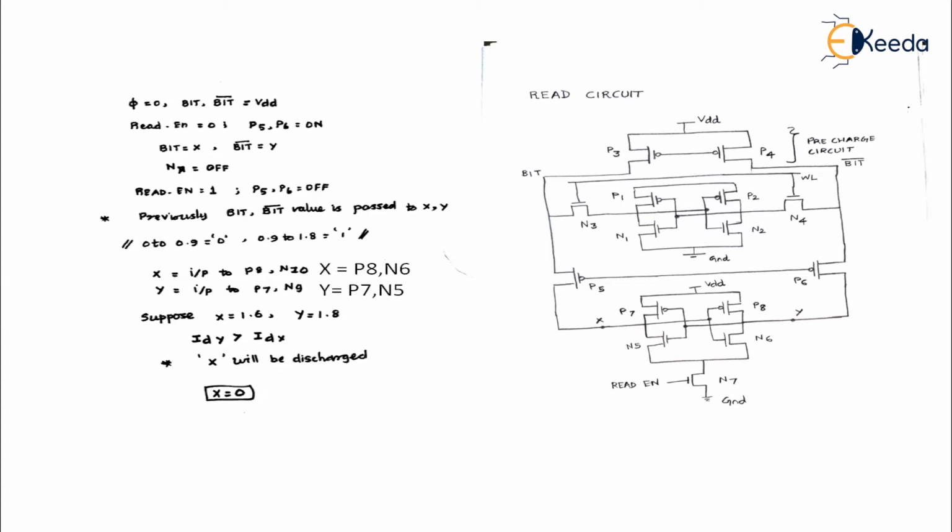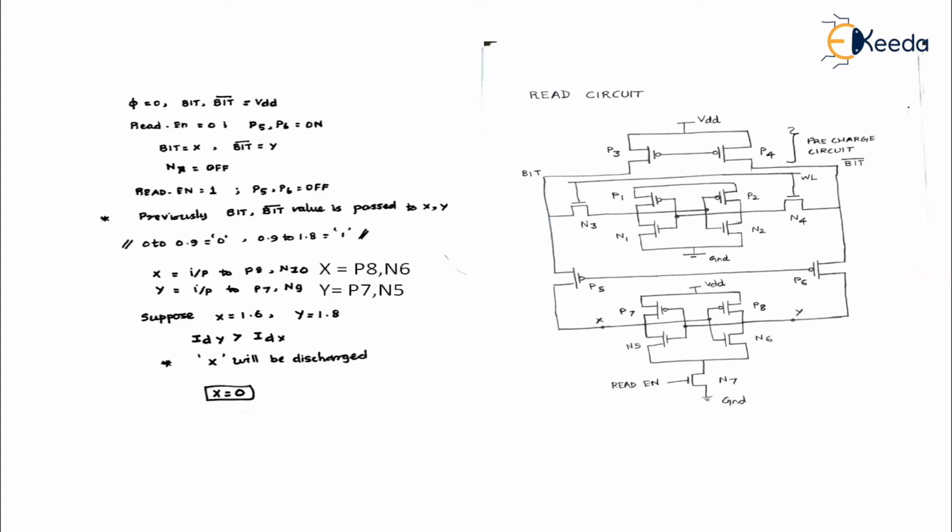When P5 and P6 are turned off, they are cut off from the bit and bit bar lines. But P5 and P6 have already transferred the bit and bit bar voltages to the nodes X and Y. Now assume that voltages from 0 to 0.9 are stored as a digital 0, and voltages from 0.9 to 1.8 are stored as a digital 1.